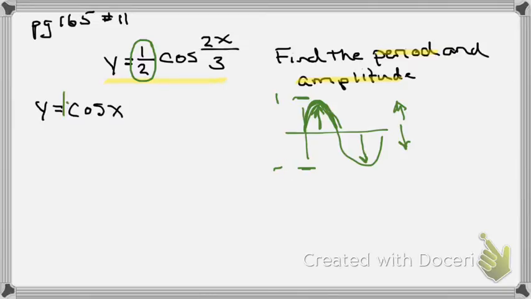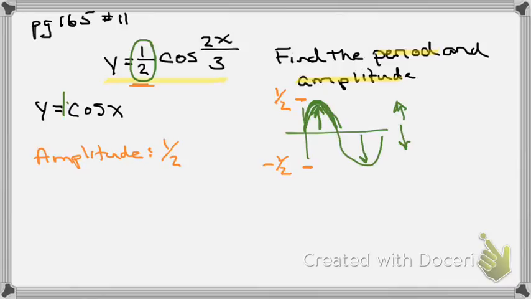But if now we only took half of those values, we would only get up to 1/2 and down to -1/2. So my amplitude is really 1/2.